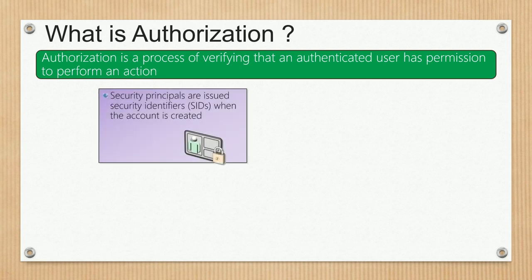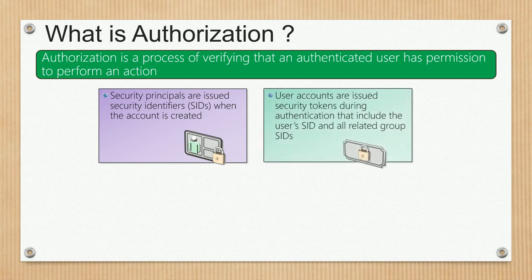Inside this authorization, we have some components. Security principals are issued security identifiers, SIDs, when the account is created. A user account is issued a security token during authentication that includes the user SID and the related group SIDs.